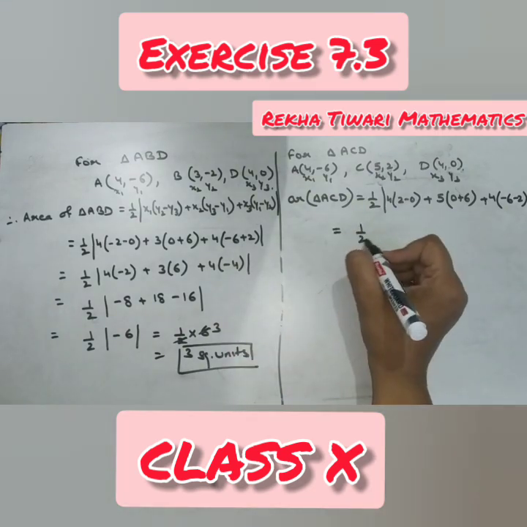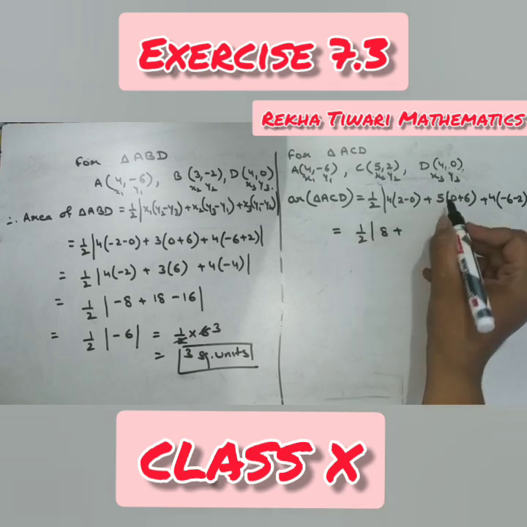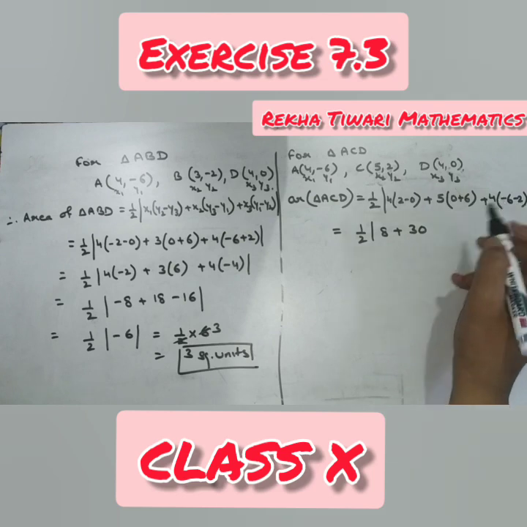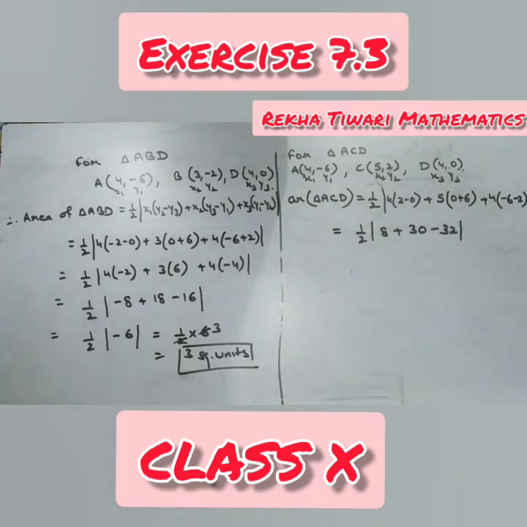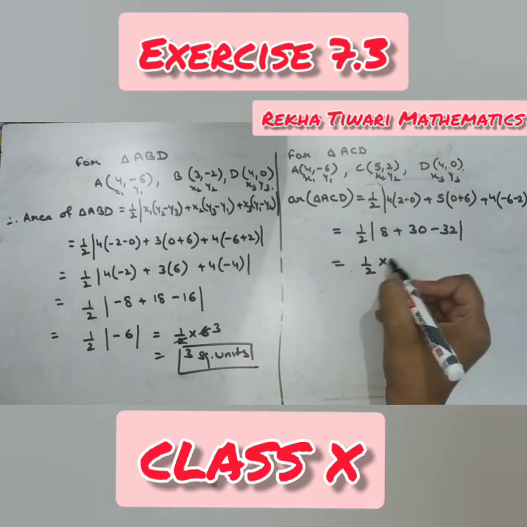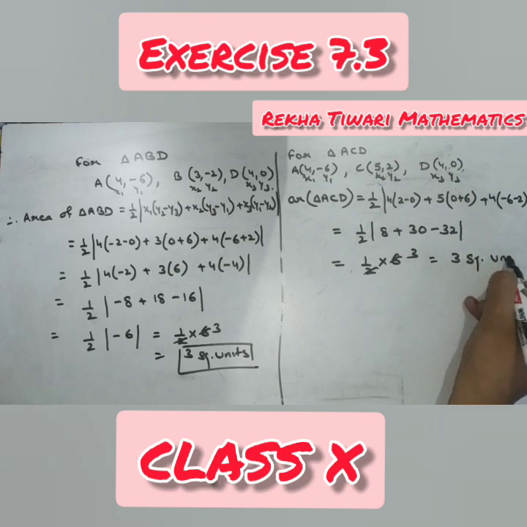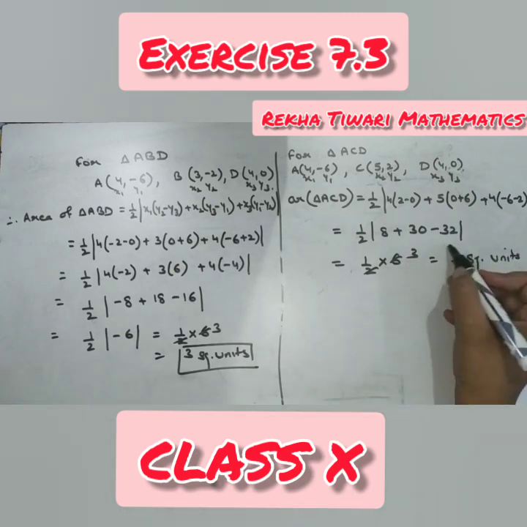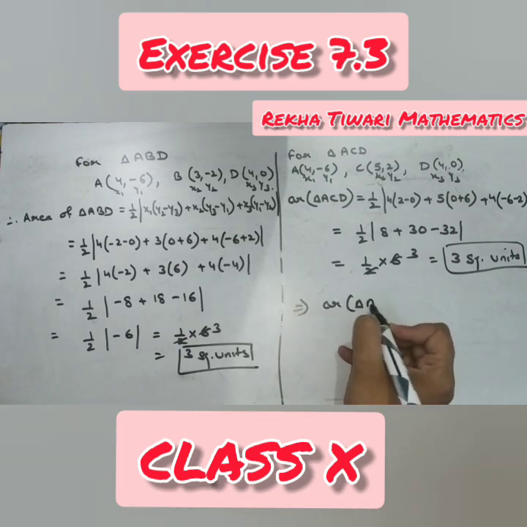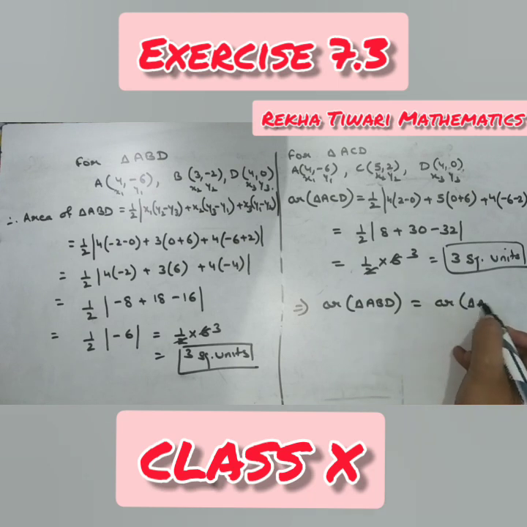This implies half mod, 4 2s are 8, 5 6s are 30. This becomes -8 and 4 minus 32. This comes out to be 38 minus 32 is 6. Half of 6, again 3 square units. So this implies area of triangle ABD is equal to area of triangle ACD.